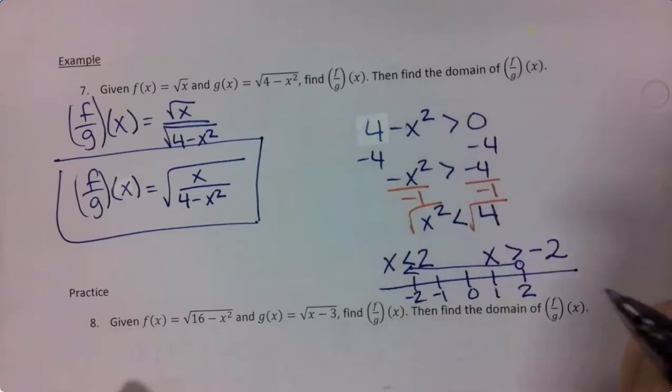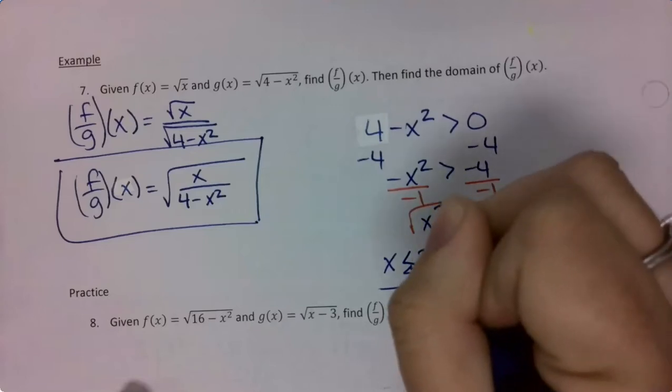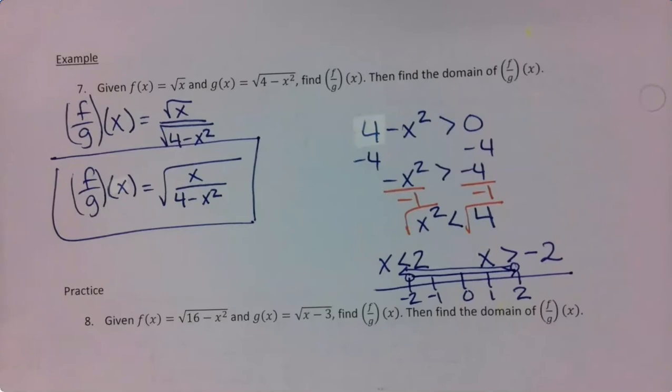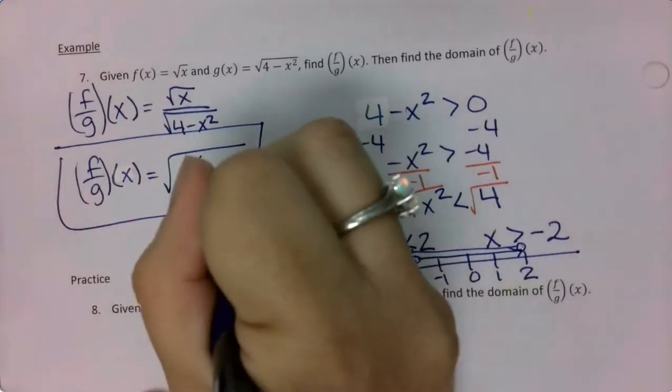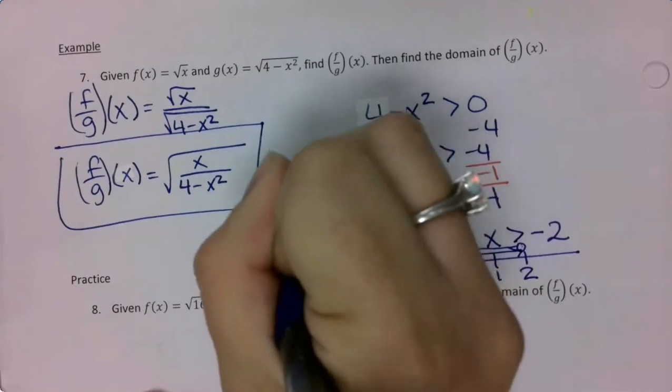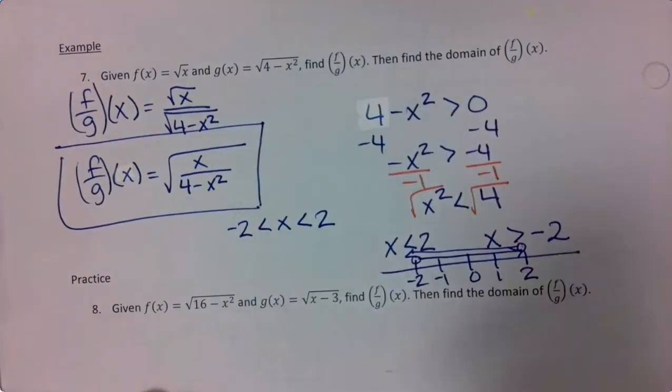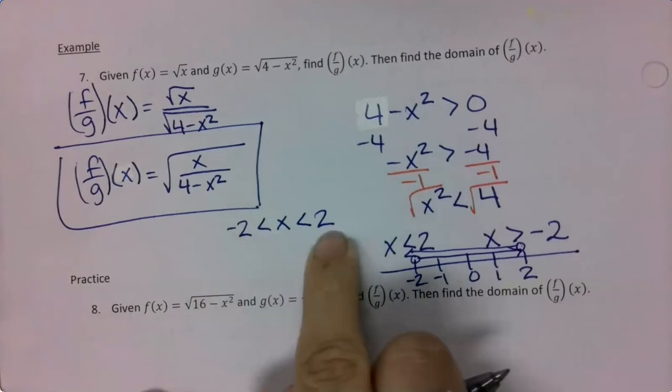Greater than negative 2 goes to the right. It has to be both of these things at the same time. It has to be less than 2 and greater than negative 2. So I'm going to have negative 2 is less than x is less than 2. So this is telling me x is in between negative 2 and positive 2.